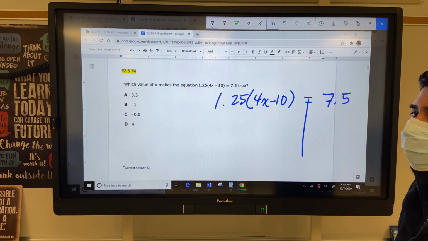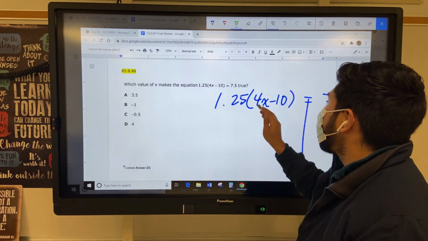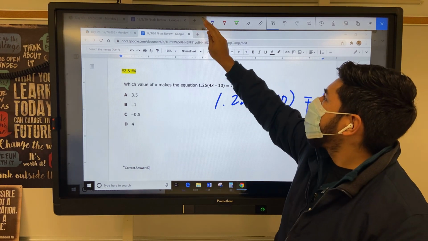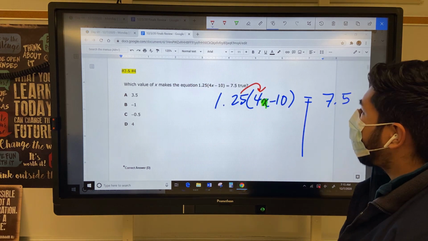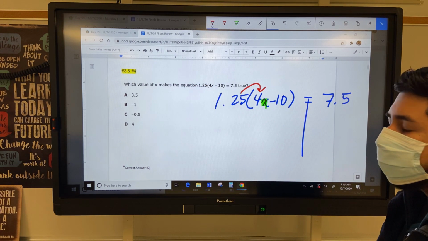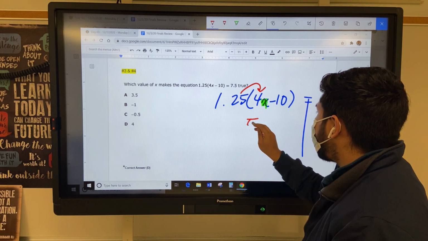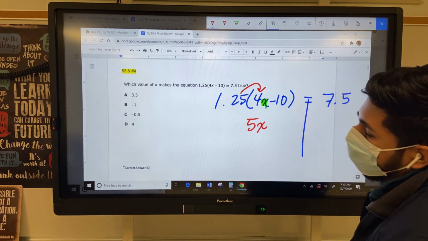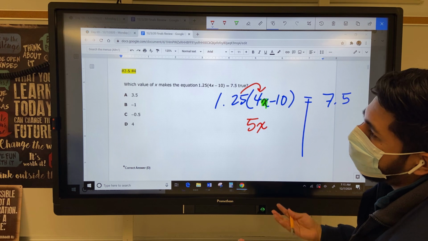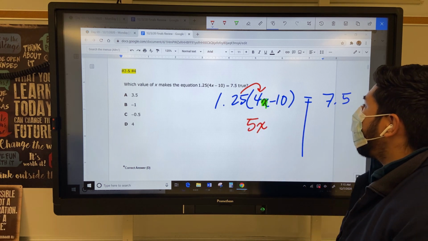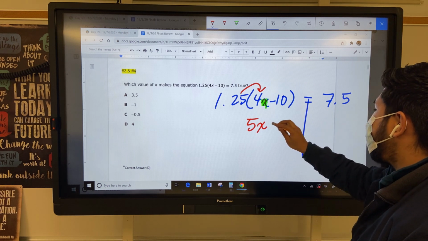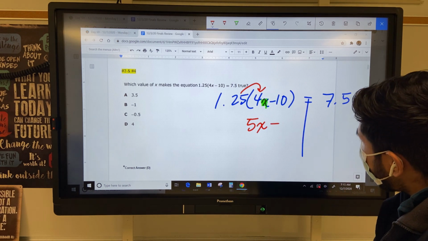In order to solve for x, there's only one x. Let's do it. 1.5 times 4. I think it's 5x, right? 4 quarters, a dollar. Boom. Yeah, 5x. 1.5 times negative 10. That's a negative number. Shoot, I don't know this in my head.